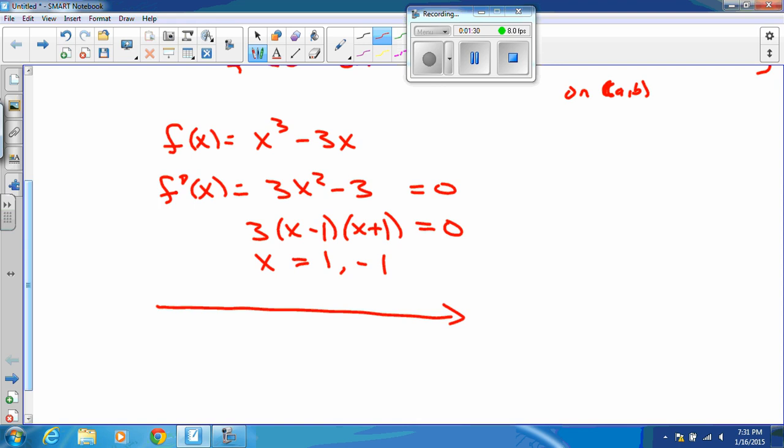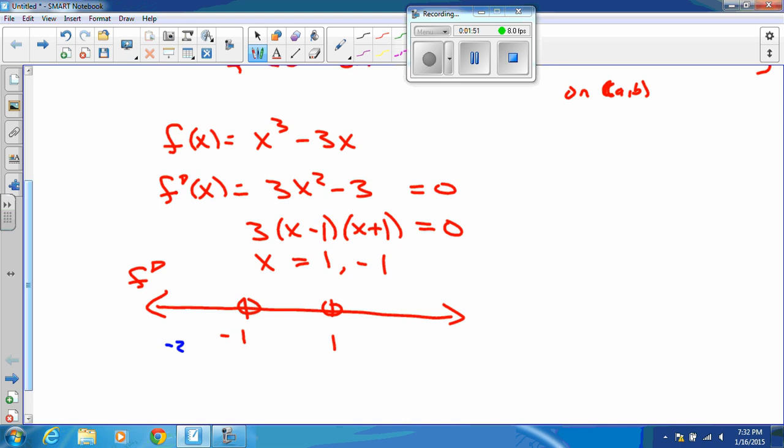And if we construct for ourselves a well-labeled number line with our two critical points on it, negative 1 and 1, and we test the sign of f prime in each of the corresponding intervals, we might pick a number such as maybe negative 2 for this interval.